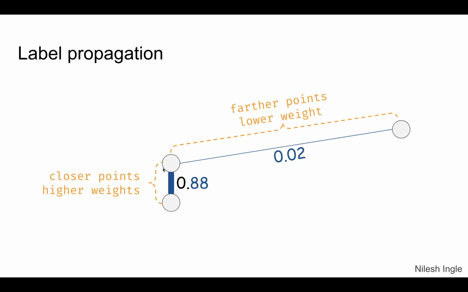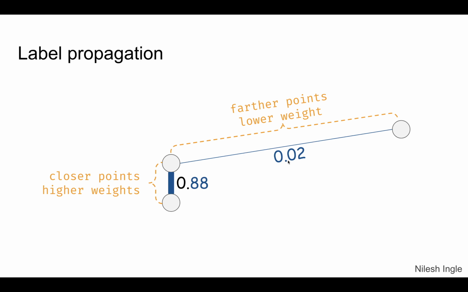So label propagation uses graph theory. A very basic, intuitive understanding of graph theory is that each of these data points is connected by a line that is called an edge, and each data point is called a node or a vertex. And this line can have a weight associated with it.